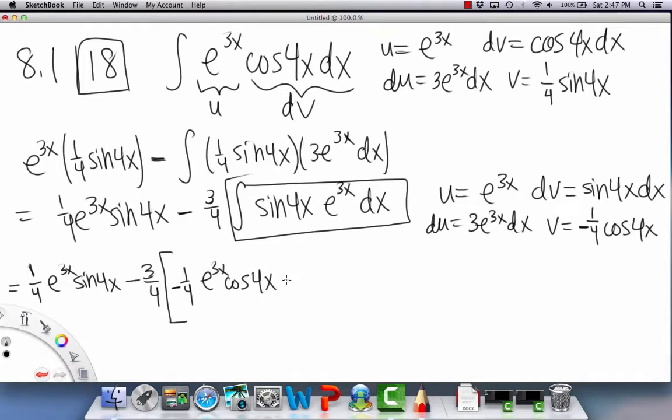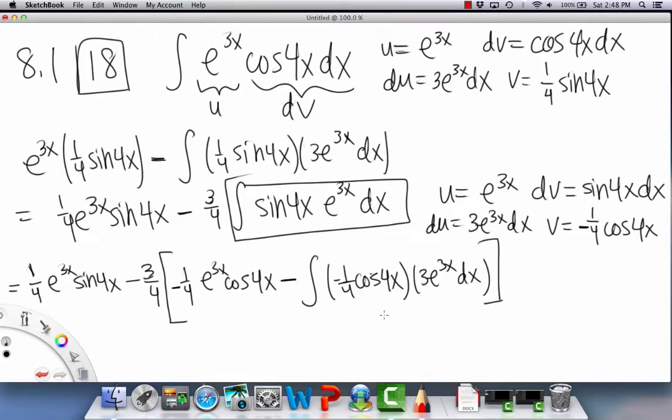That's u times v minus the integral of v du, which is 3e to the 3x dx, and then close brackets. There's also a plus c in here, but I'll write that a little bit later.